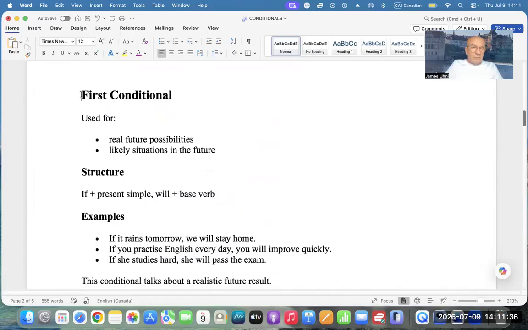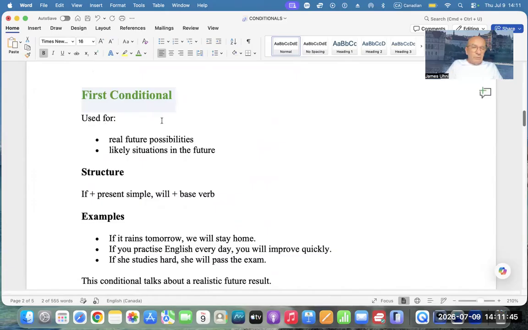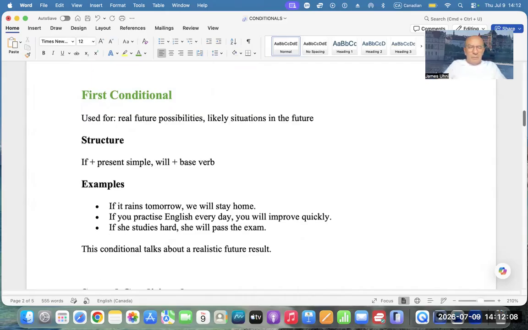So first conditional right here is used for real future possibilities or likely situations in the future. I would change it a little bit more, most likely. So I will even make it this way, so you really understand what it is about.